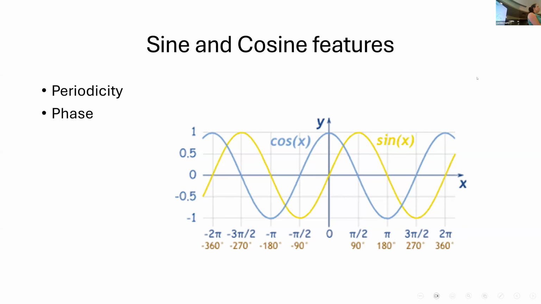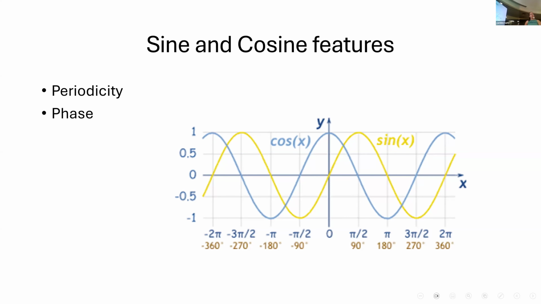Another way to explain phase is how you start the system. Where does this system start from? Because, for example, here we are commonly using sine and cosine when the x-axis is time. So you can decide what is time zero.